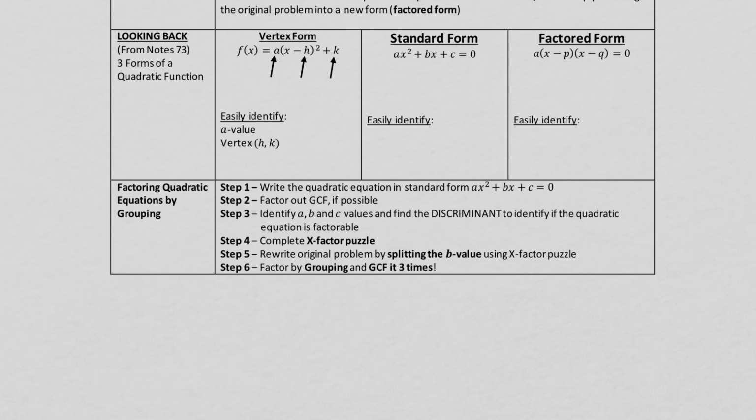And you have this already in your notes from before, but in vertex form, remember this was the easiest one to graph because in this form I can find the a value and the h and the k value, which was our vertex. In standard form, we could find easily the a value, which you can even see right here. And we could also find the y-intercept, which we learned before was going to be the c value.